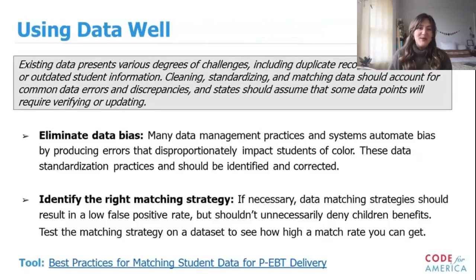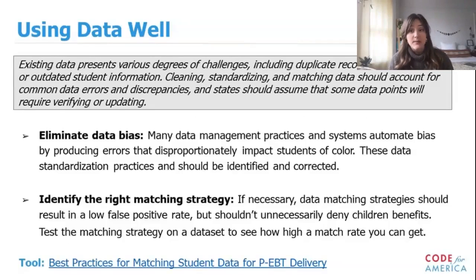So once the data is in hand, it will likely still need some manipulation, some work to make it usable. So oftentimes there are duplicate student records, or the information in the data is potentially outdated or incorrect. So cleaning, standardizing, and matching the data if that's necessary is critical to make sure it's actually usable for the distribution of benefits.